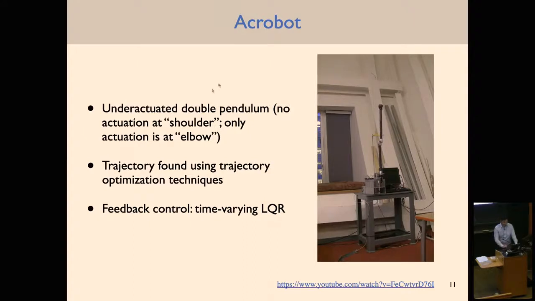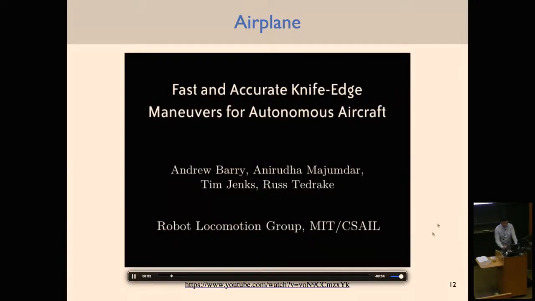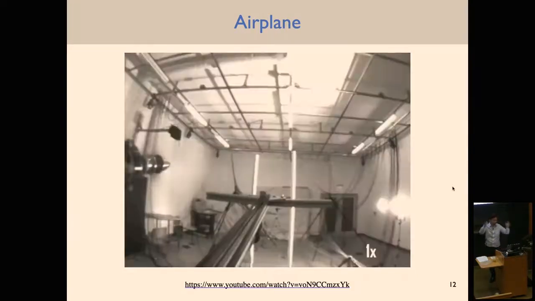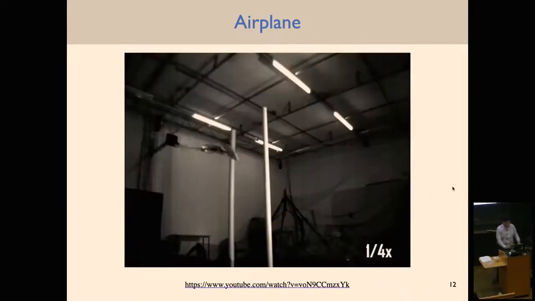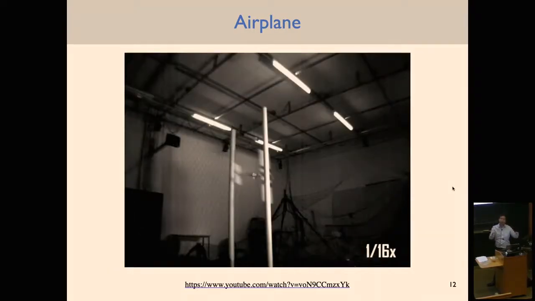Here's another example. This was with a fixed-wing airplane that is trying to get through obstacles that are less than a wingspan away from each other. And this is exactly the same kind of technique. We're assuming here that we know where the obstacles are.